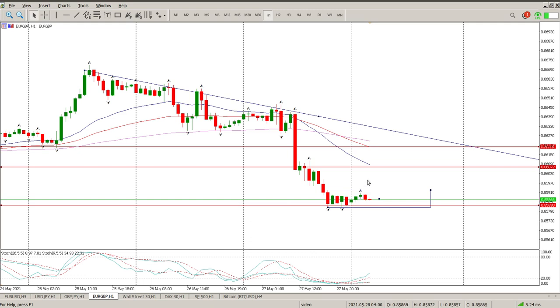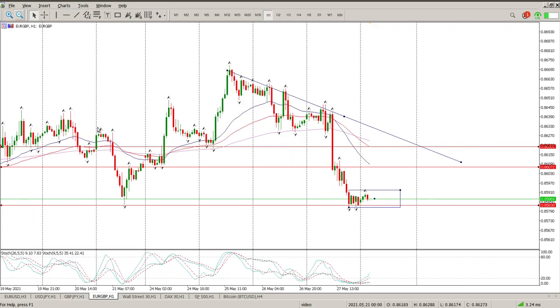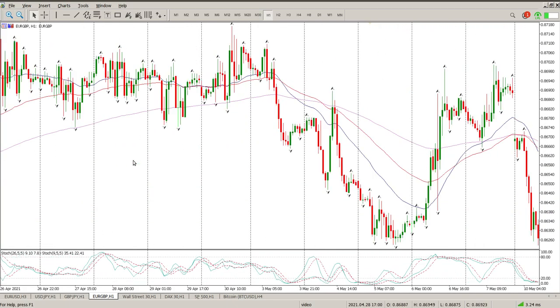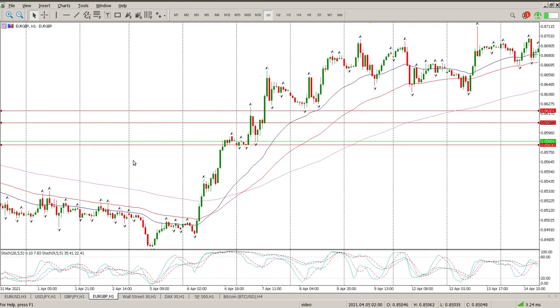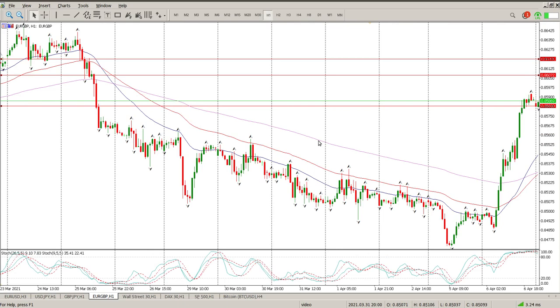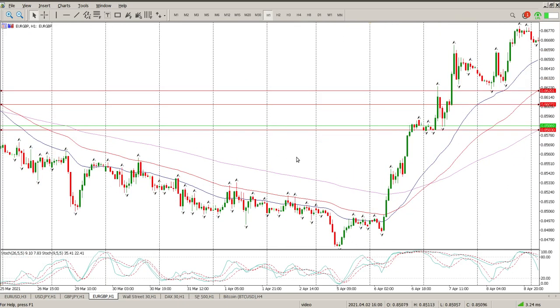A break up above that brings this level into play, which is 0.86072, and a break below this area breaks that level. If I zoom out again and you look left, you'll see this big consolidation area then breaks, but there's quite a bit of support here.